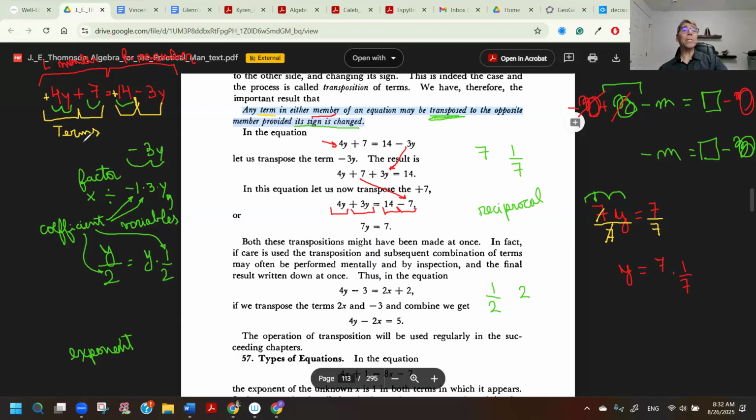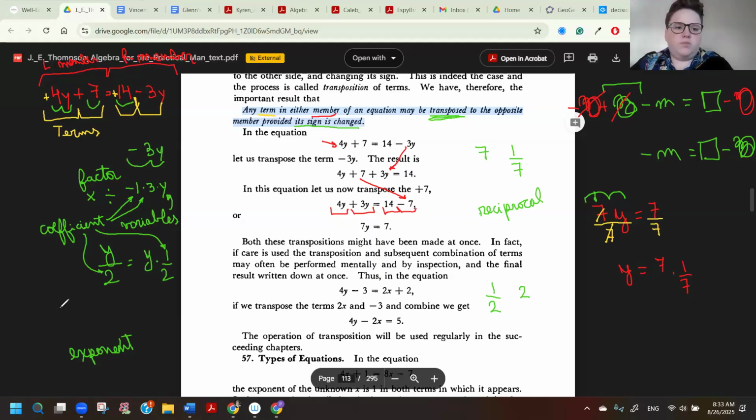Let's be very precise when we use the words member, terms, factors, coefficients, variables, exponents. So let's go and talk. Jace, explain to us about exponents. What are they?